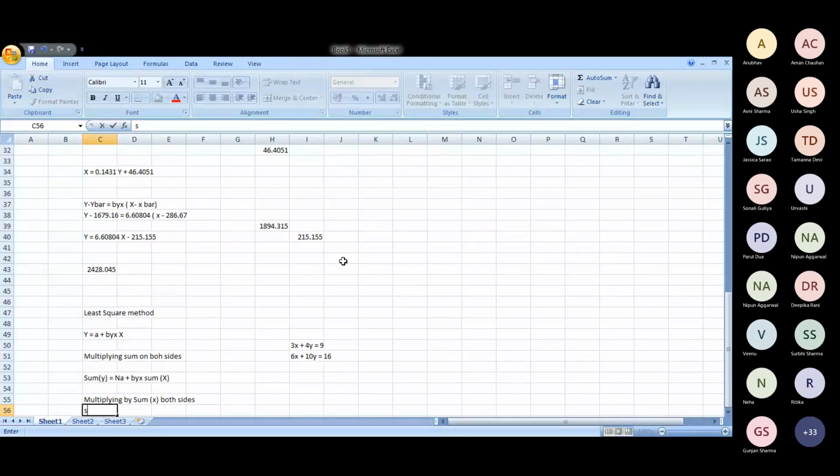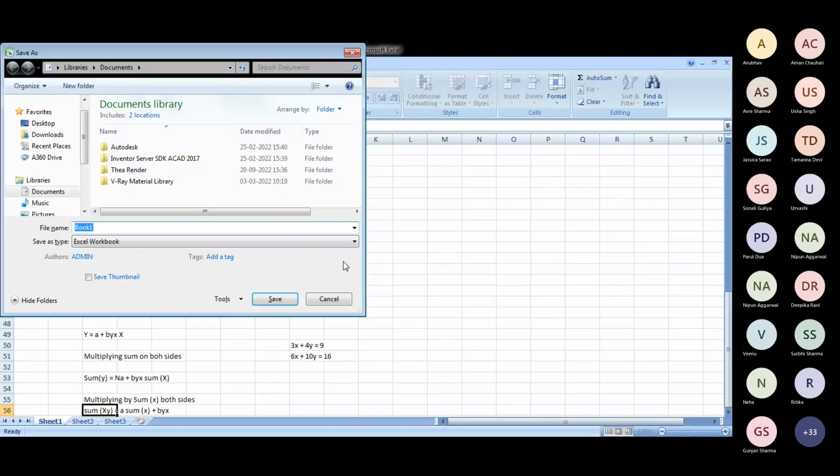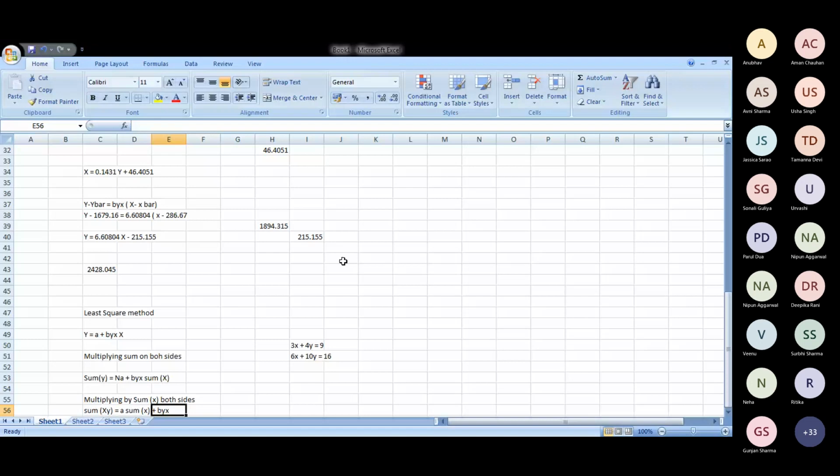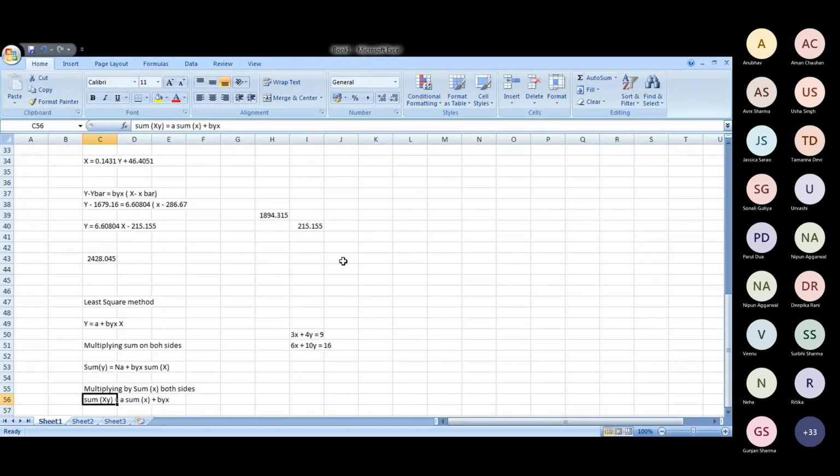So it becomes summation of xy is equal to a summation x plus byx summation of x square.